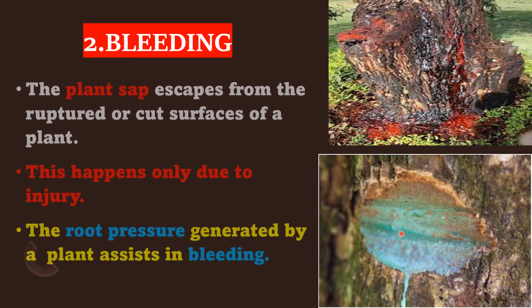Here you can see, when there is a cut or injury, then bleeding will occur. This is due to root pressure. This point is very important. The root pressure generated by a plant assists in bleeding. Bleeding is due to root pressure.